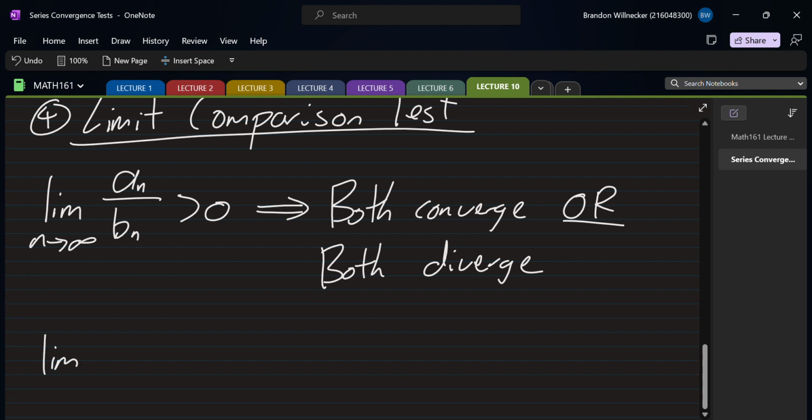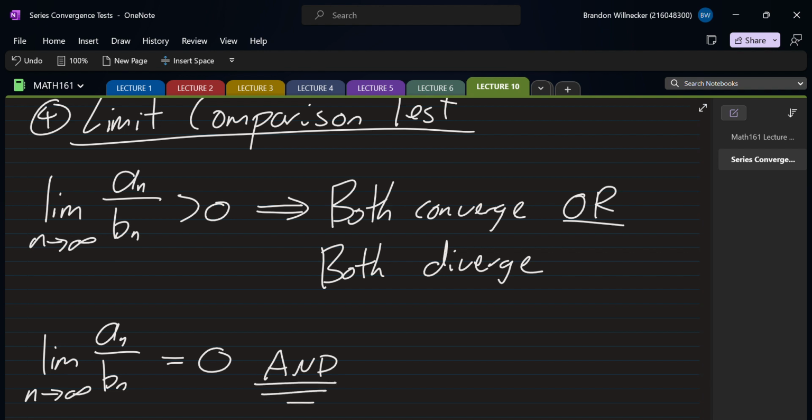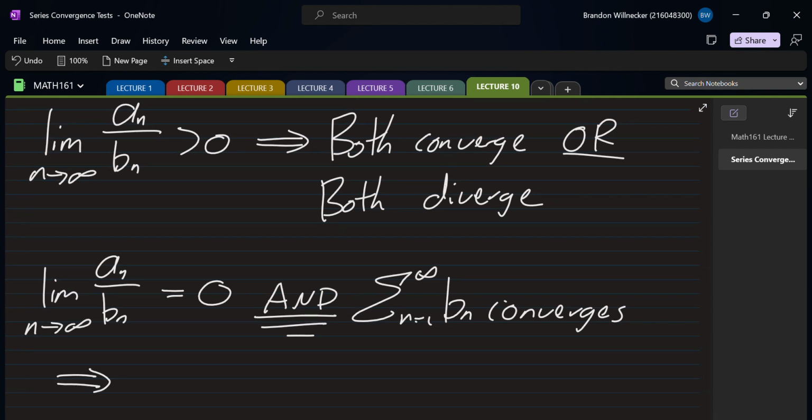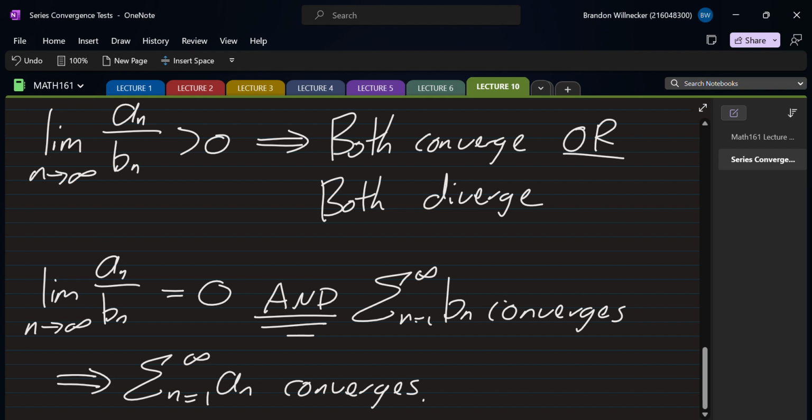Then we have the limit as n goes to infinity, an over bn. If it is equal to 0, and you need to check both of these conditions, and the sum n equals 1 to infinity, bn converges, then the top one also converges.